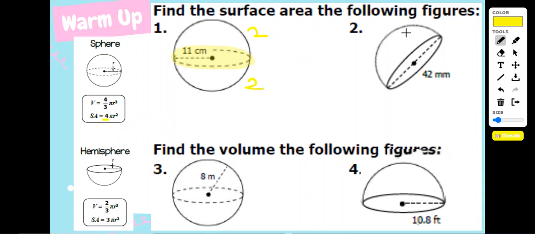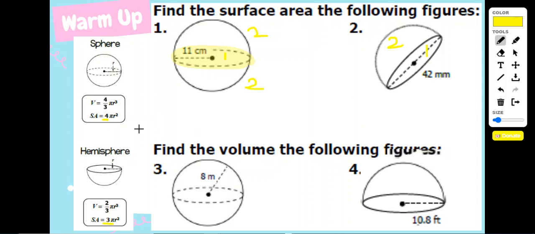In a hemisphere, because you have a top dome that's worth 2, you don't have the bottom dome, but what you do have is a great circle, and the great circle we said is worth 1, okay? So altogether, you have 3 times as much as a normal area of that great circle, which is where you get these 3 for the hemisphere.